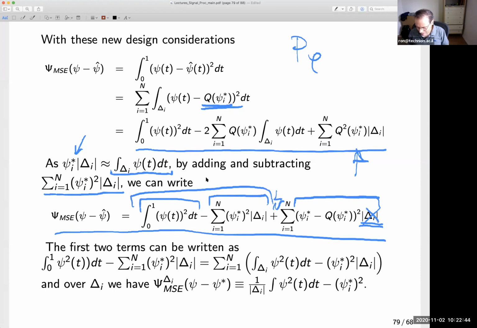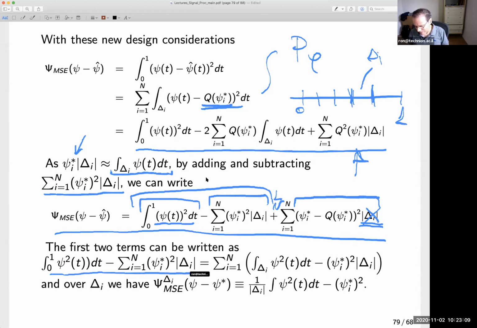sum. Now I can split this integral. Remember that I have my intervals and each interval is delta i. So I can split the integral from 0 to 1 into small integrals over each of these intervals. And this allows me to write the first two terms as follows.